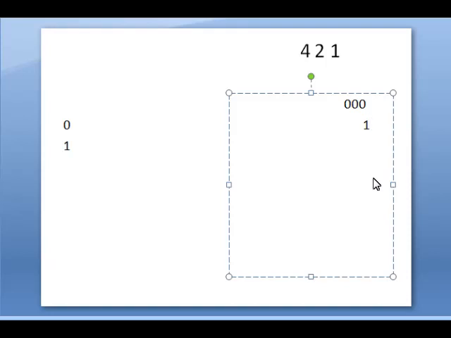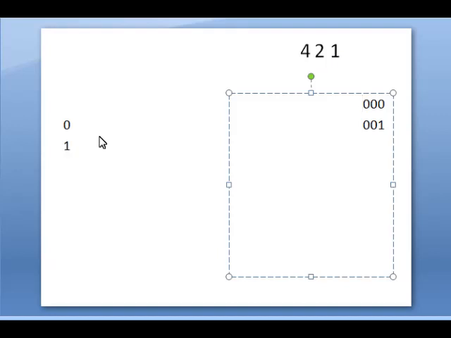All the other two digits are 0 0. So the binary equivalent of octal number 1 is 0 0 1, because the 1 is here, so we want the sum 1.